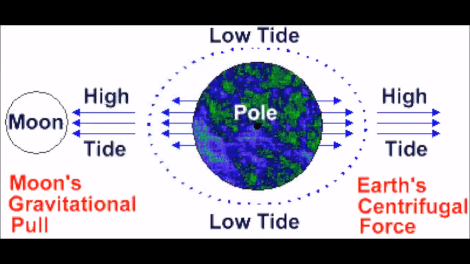So, according to their logic, the centrifugal force only makes the water rise in the high tide area, but not the low tide area. So you're saying either it's the sun's gravitational pull or it's centrifugal force. Let's see if there's another one.